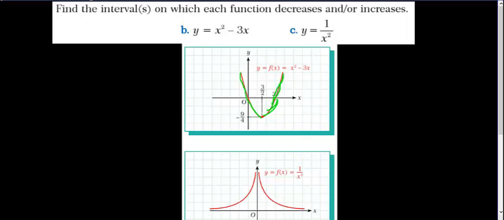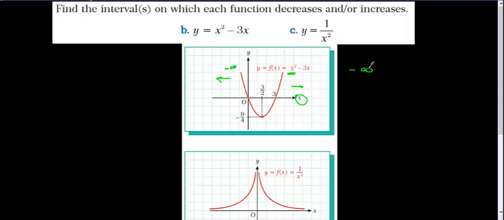If the function is increasing, how can we write it? On this side is minus infinity, on this side is plus infinity, with respect to x.